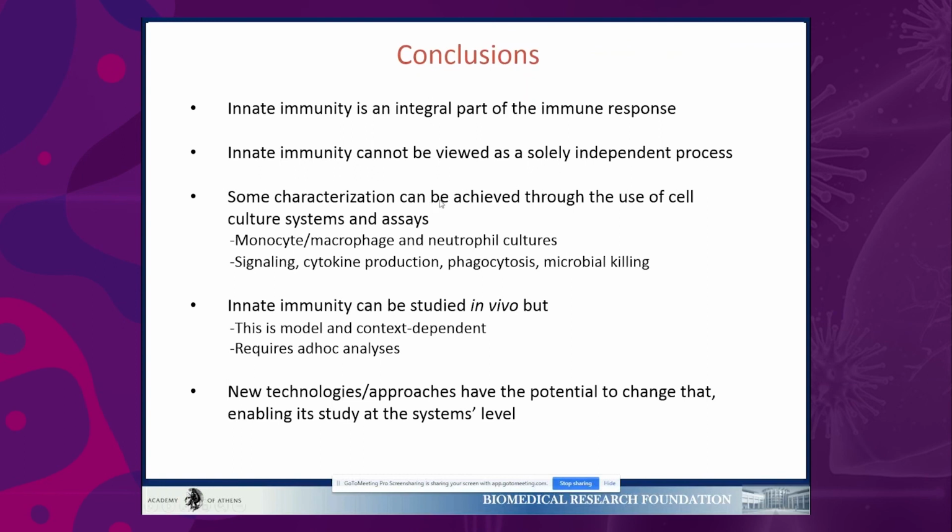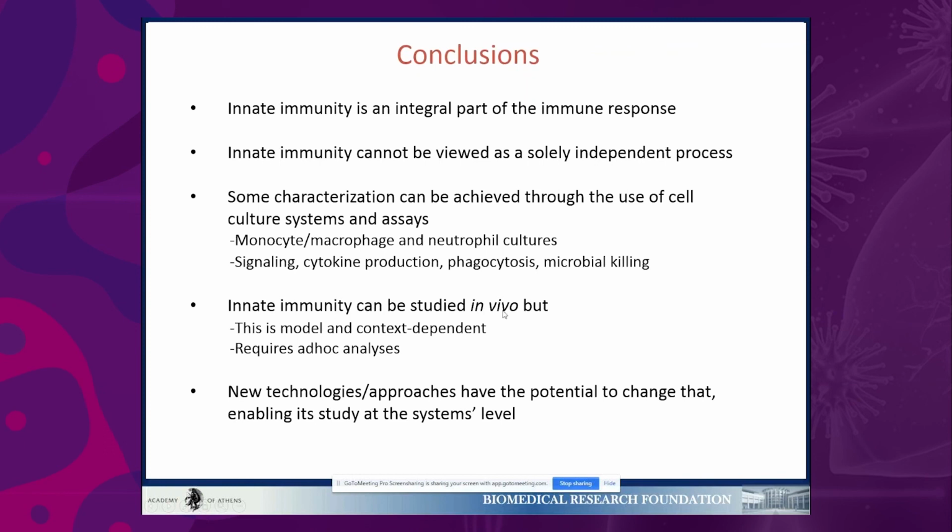Some characterization of innate immunity can be achieved through the use of cell culture systems and assays, in monocyte, macrophage, and neutrophil cultures, where we can look at signaling, molecular events, cytokine and chemokine production, other inflammatory molecules that may be important, phagocytosis, microbial killing, and so on, but also immunomodulatory functions.